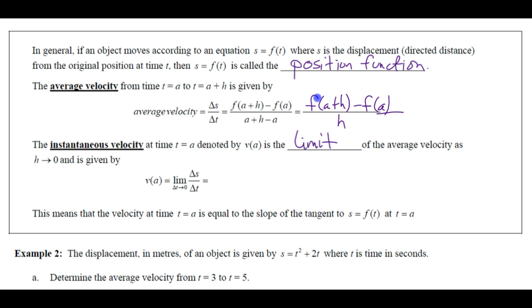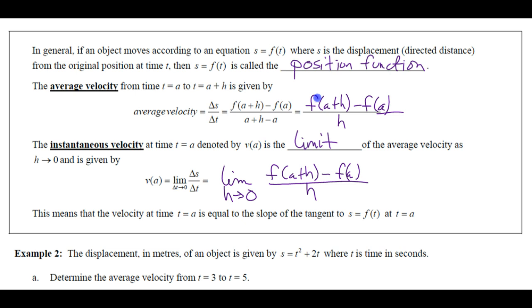Right, anything back there? So all we're doing is taking that secant and getting closer, closer, closer until it becomes the same as the slope of the tangent. And that is given by v of a equals the limit as delta t approaches 0 of delta s over delta t, which is equal to the limit as h approaches 0 of the average velocity, which is f of a plus h minus f of a over h.